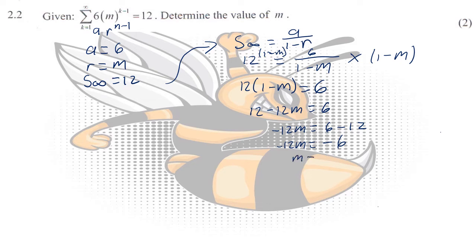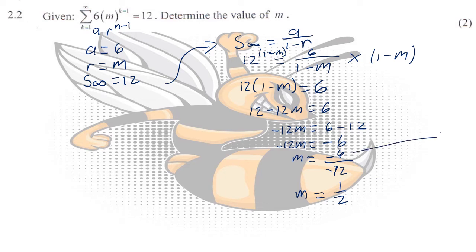So we're left with m equals minus 6 divided by minus 12, which would just give us m is equal to a half. So at this point, the analysis and deducing of information from the question is what would have been important in this case.